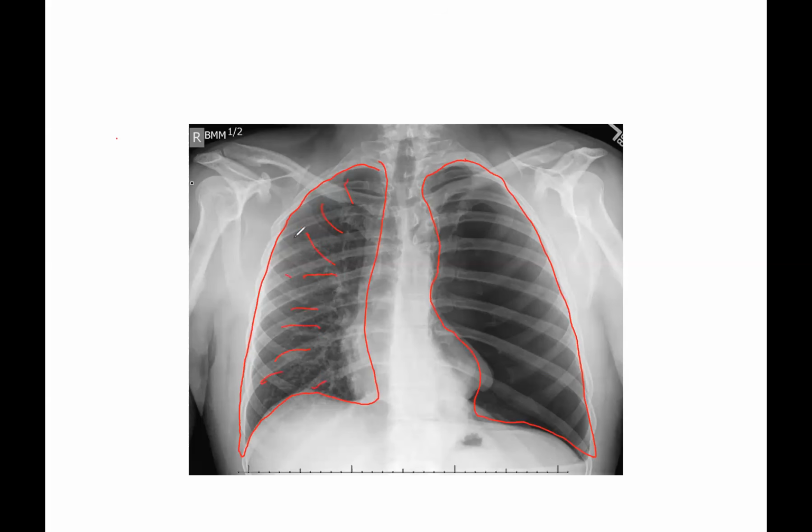These whitish radio-opaque shadows are lung markings. And here you see absence of lung markings. It means there is no lung tissue here. It's just clear radiolucent. You can see the anterior rib and the posterior rib. It means there is no lung tissue there.